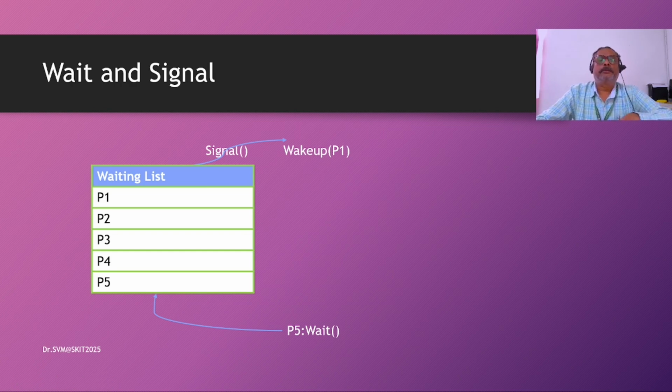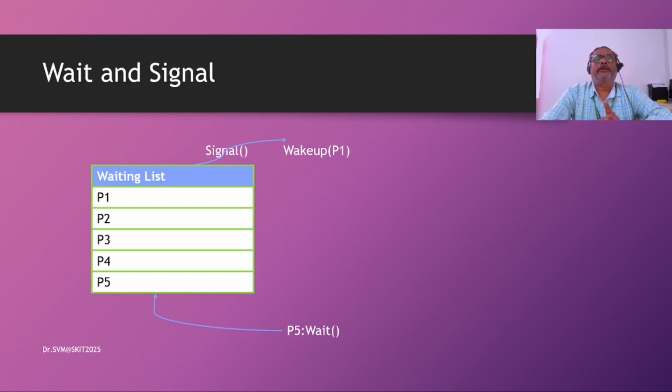So that's how the whole process is done, wait and signal. Here we are not using that loop function. It's not wasting the CPU time. We just dump it onto the queue, semaphore queue.